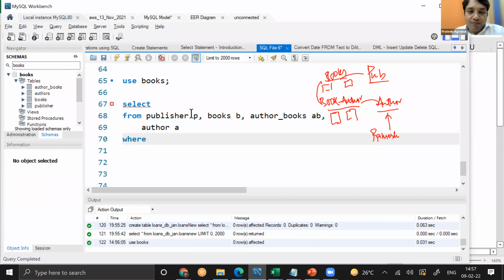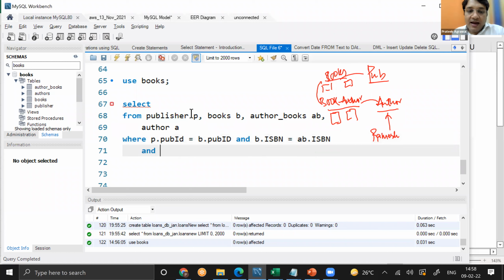Where P dot pub ID is equal to B dot pub ID, and B dot ISBN, the primary key of the books table, international standard book number, is equal to AB dot ISBN, and AB dot AID is equal to A dot AID, author ID, and A dot A name is equal to Ramesh.